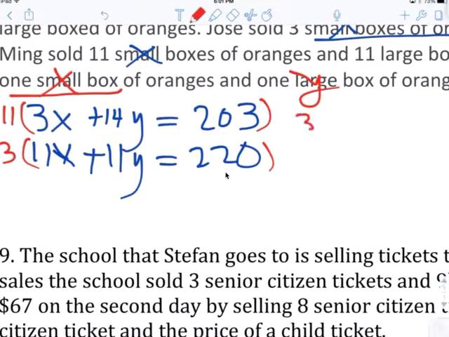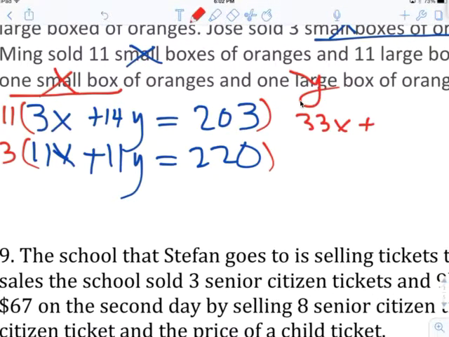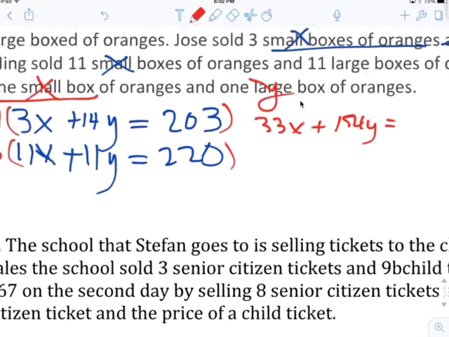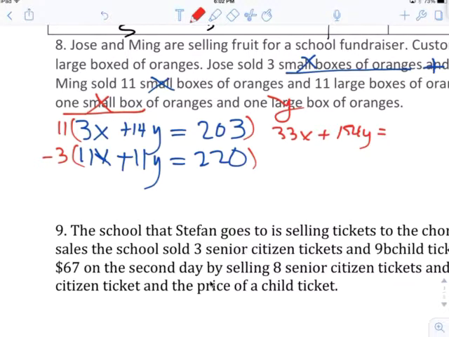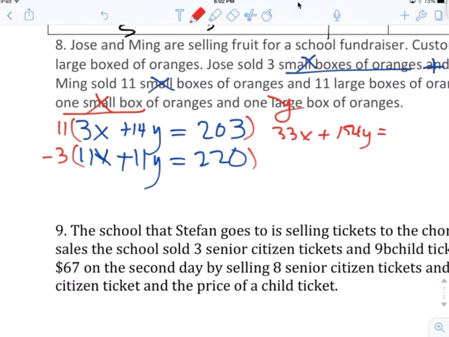That's 33x plus 14 times 11. Okay, 14 times 11. Just to make sure. 130, 154. Not even close. 154y equals 203 times 11. 203 times 11 gets you 2,233.